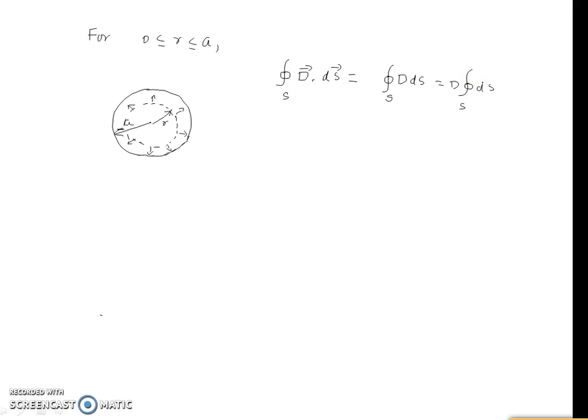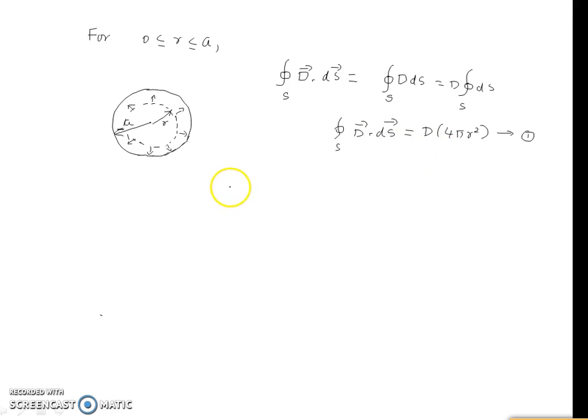So this is nothing but the surface area of the Gaussian surface, that is surface of radius r. This is given by D into 4 pi r square. So the flux emerging from the closed surface is given by this expression 1.